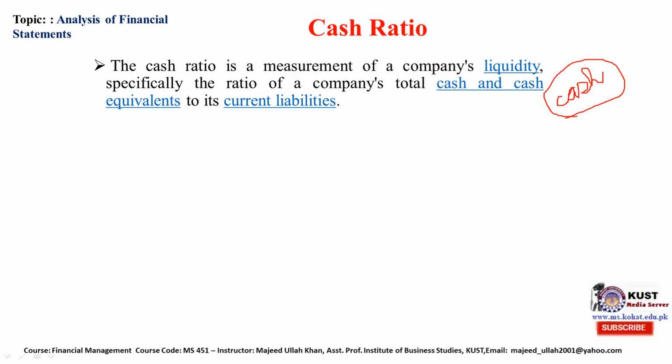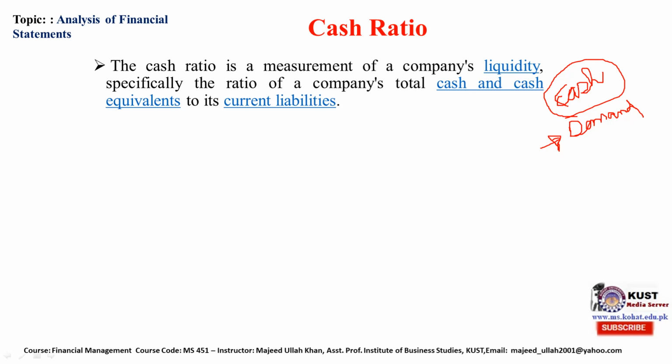In other words, if immediately all customers and all those who have a claim on the company demand their amount at once, how much capacity does the company have to satisfy all these claim holders?